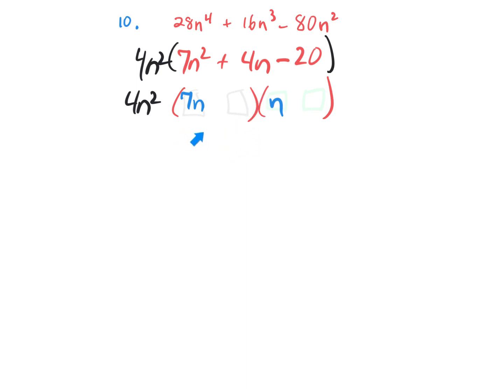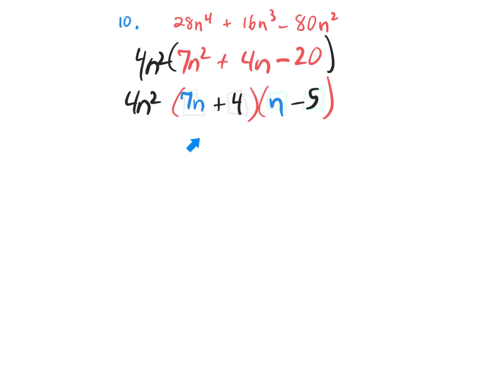How do you know which one it's going to be? Well, whatever you put in there, when you multiply this number by 7n and this number by 1n, we're going to combine those, and together we should get 4n.